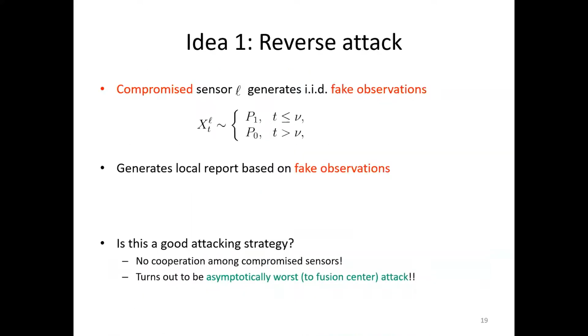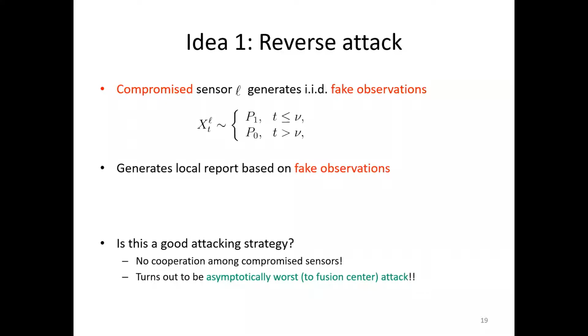All right, so now let's go into the details. The first idea again is to realize that we don't actually need to know the best G. So we construct a G called the reverse attack.